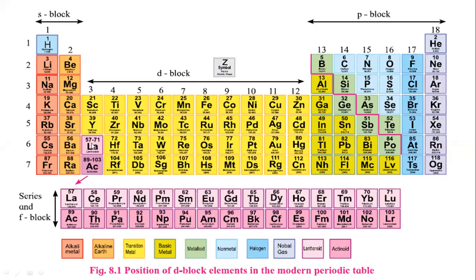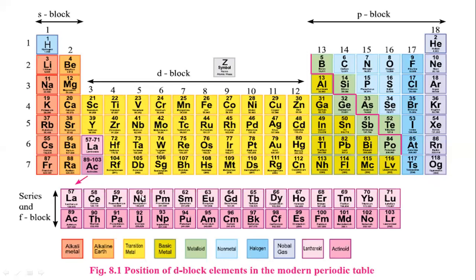These elements contribute the F block elements. These are also called as inner transition elements. So these 14 elements which are shown below the periodic table, from cerium to lutetium, these are not included in D block elements. Remember, once again I am repeating, lanthanum is included.